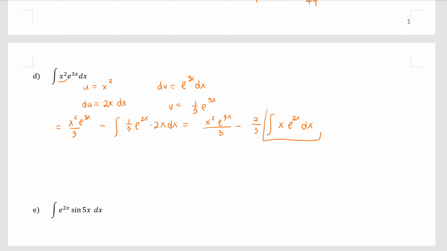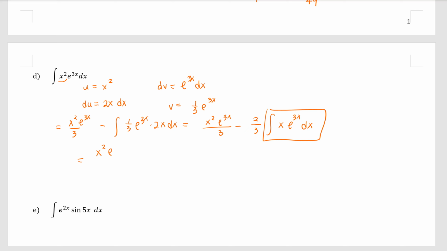Ooh, you see this one, we're going to use integration by parts again, but we already did that. Sorry, this is 3. We already did that in part B, so we can write it down here.